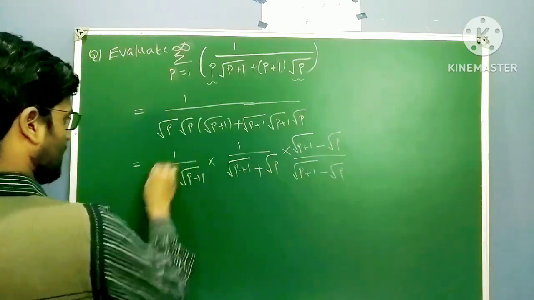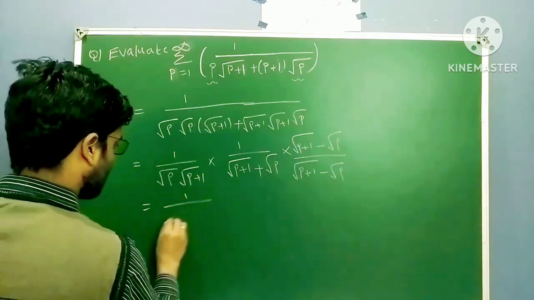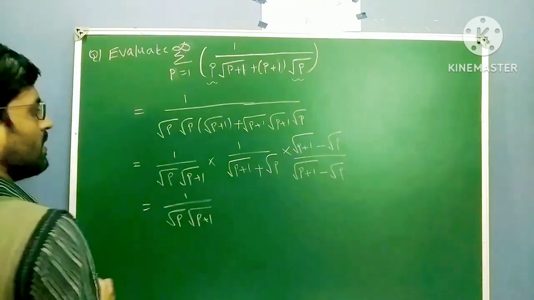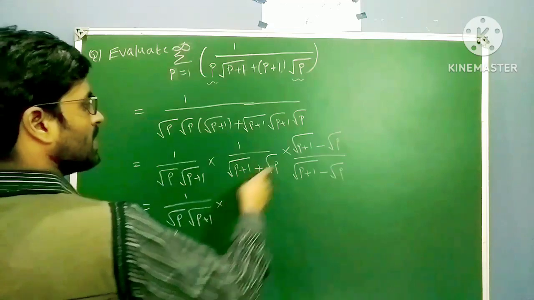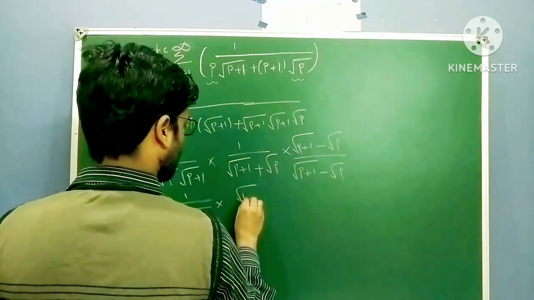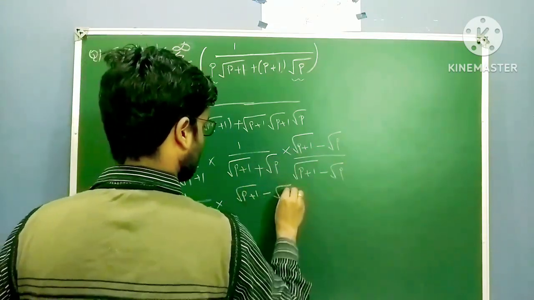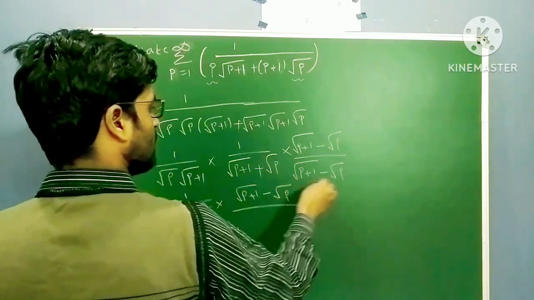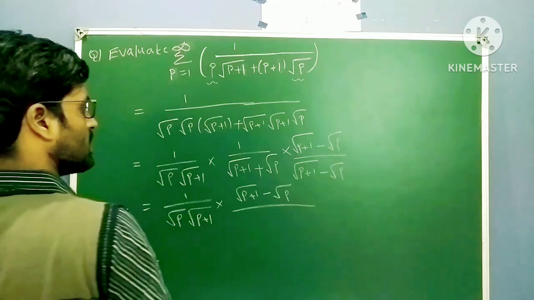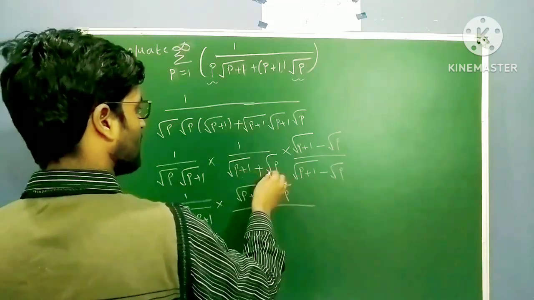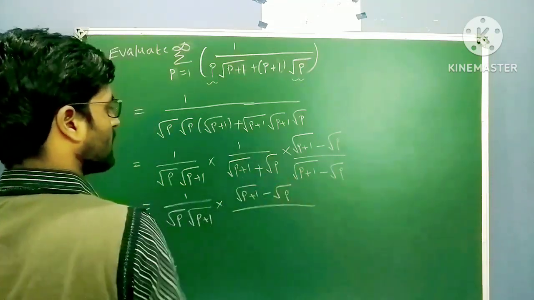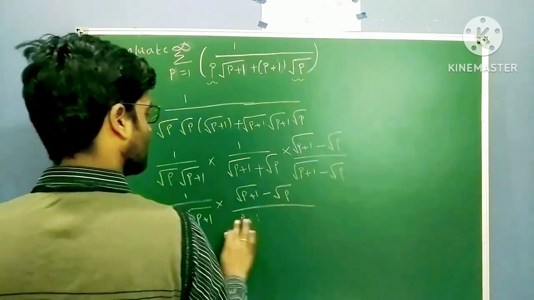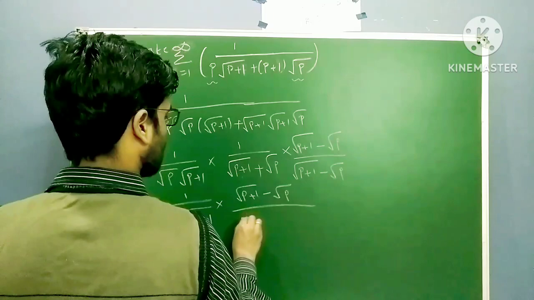Now this term is there already, 1 by root p into root p plus 1. Next, root p plus 1 minus root p over a plus b into a minus b, that is a square minus b square. Root p plus 1 whole square, the square and root get cancelled, giving p plus 1.